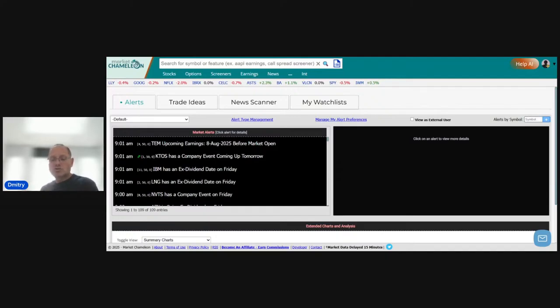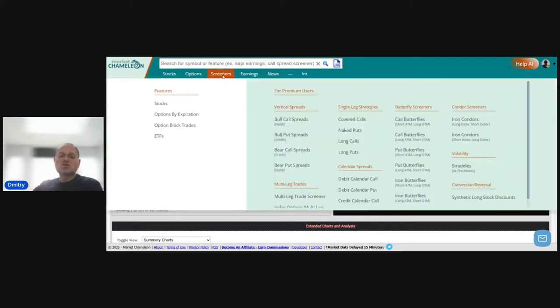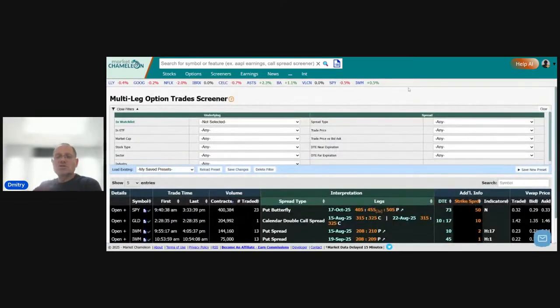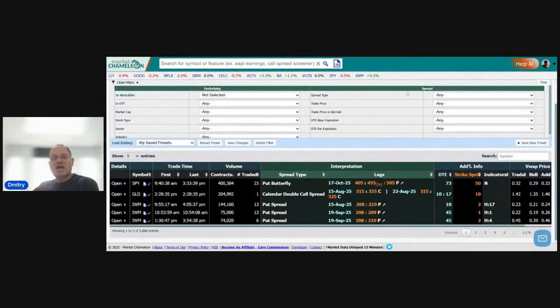So let's first go to a screener that looks at multi-leg trades. Under screeners, we have this multi-leg trade screener, and click on that. What this screener does is look at actual trades that are reported on the option trade tape, and it takes that information and does an analysis and interpretation of where there are spreads.